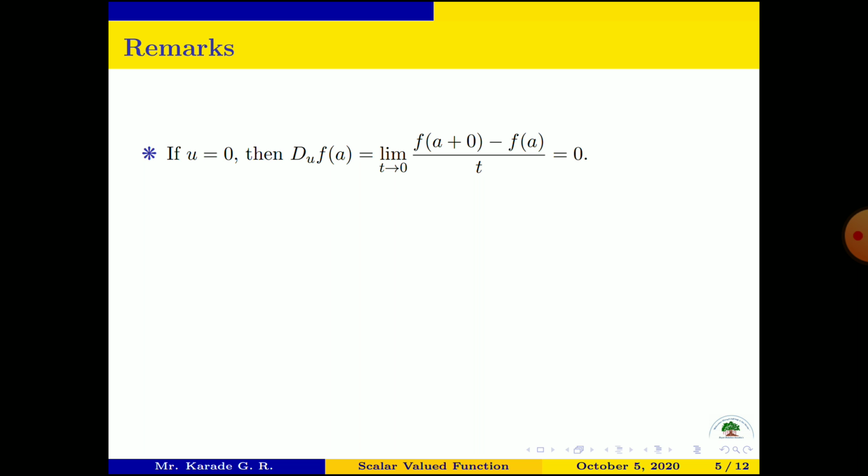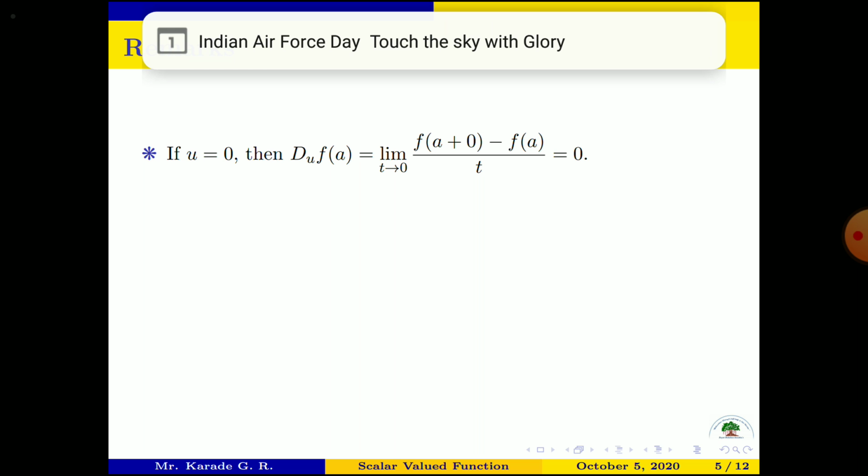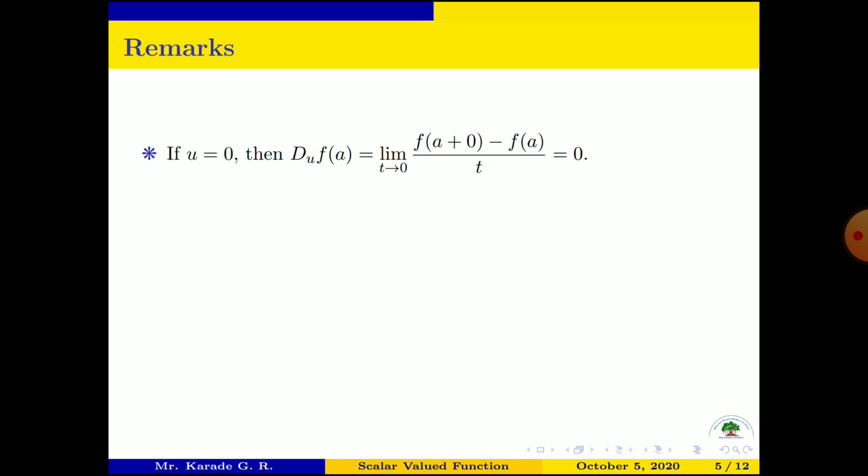Limit t tends to 0, f of a plus 0 minus f of a divided by t is equal to 0. Means the directional derivative becomes 0. So in the direction of the 0 vector, the directional derivative is 0. That is very important. It means no direction. Direction नसेल तर 0 येणार ना डेरिव्हेटिव्ह, because it is the directional derivative.